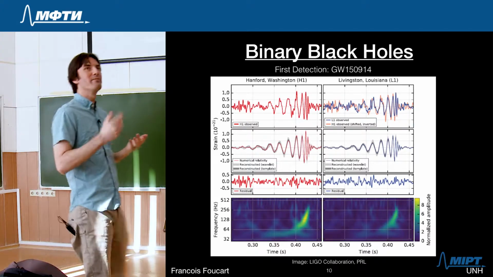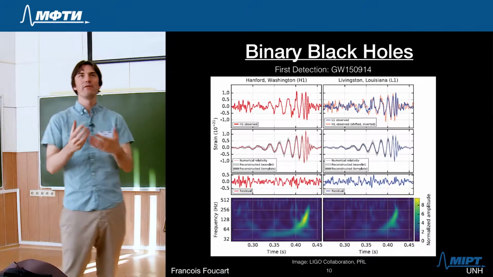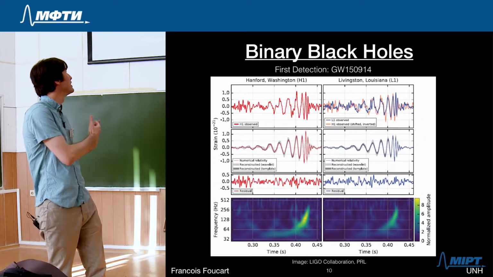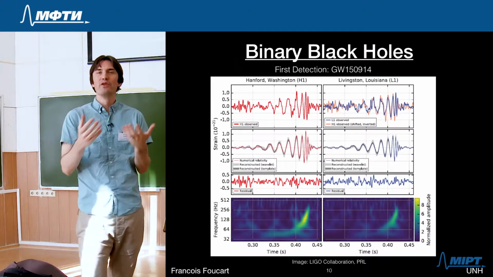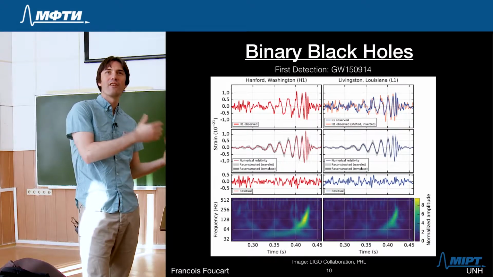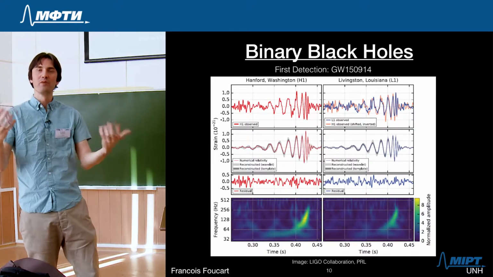And the fact that it matched an analytical waveform was already a very big success for this first event, because this actually means that the waveforms that were produced assuming that general relativity is correct actually match what LIGO saw for the merger of two black holes.